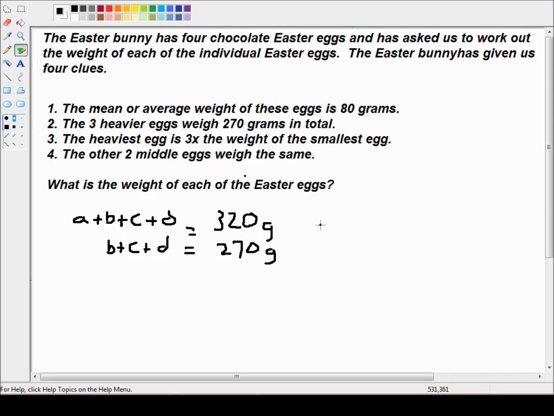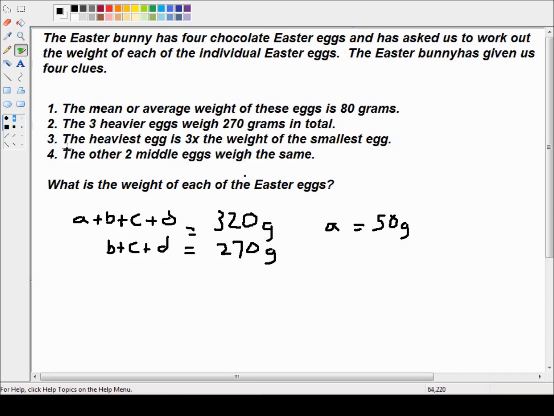So just from the first 2 clues, A is equal to 320 minus 270. Well, if I had 5 to 7, I'm going to get 12, so A must be 50 grams. So we've already got 1, and we've only looked at the first 2 clues.